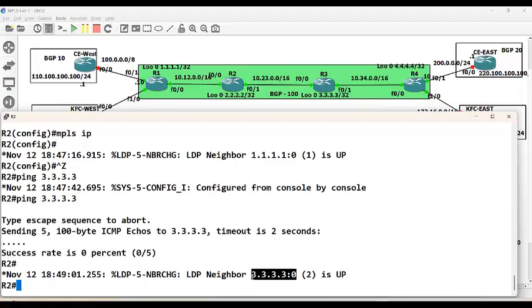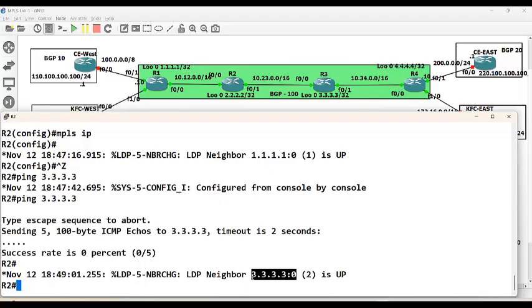What are the things that we have configured so far? On R1, R2, R3, R4, we have OSPF. We have MPLS. And then we have IBGP between R1 and R4 using loopback as the update source. Very important. Why do I need to form the neighbor using loopback? I don't have multiple paths here.